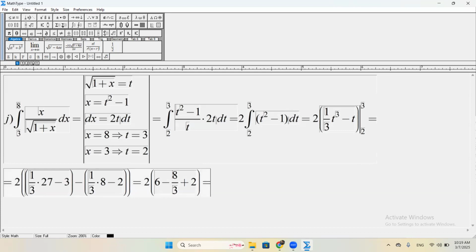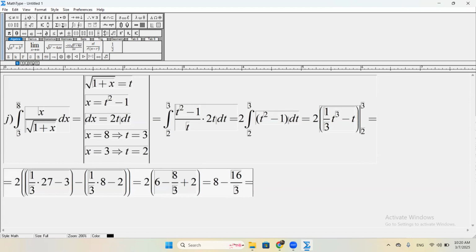So 8 minus 16 over 3. But not 8 probably.